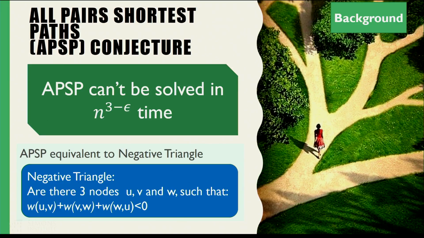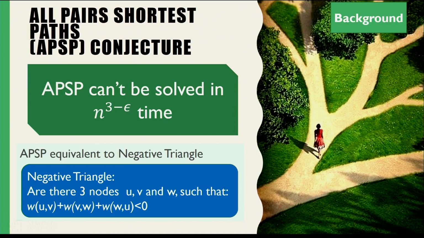Here in this talk, I'm just going to be talking about 2 of our results. Both of them are conditional lower bounds coming from the all-pairs shortest paths conjecture. We also get results from SETH and from an online matrix vector lower bound. But right now, all we're going to say is we don't think we can solve all-pairs shortest paths in n to the 2.9 time.